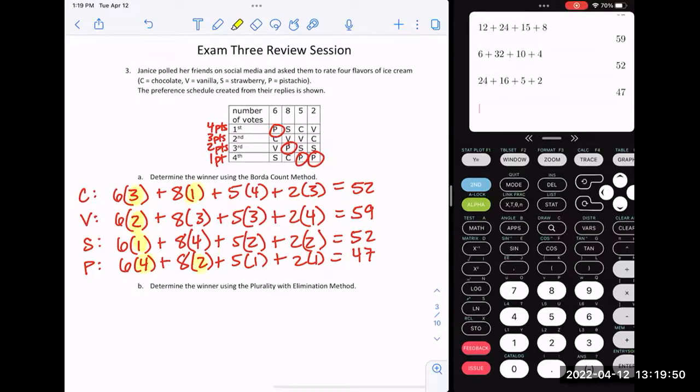So I'm just going to check that real quick. And that's just a quick way to make sure that I didn't make a small error when I was recording. The fact that I have a 1, 2, 3, and 4 in each column. And since that all looks good, I'm just going to say whoever has the most points wins. In this case, that's sad, it's vanilla.